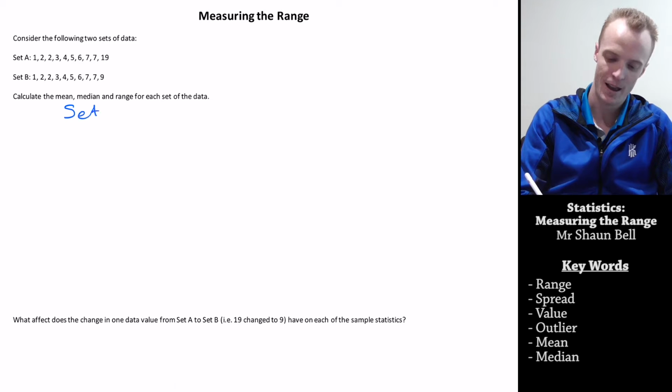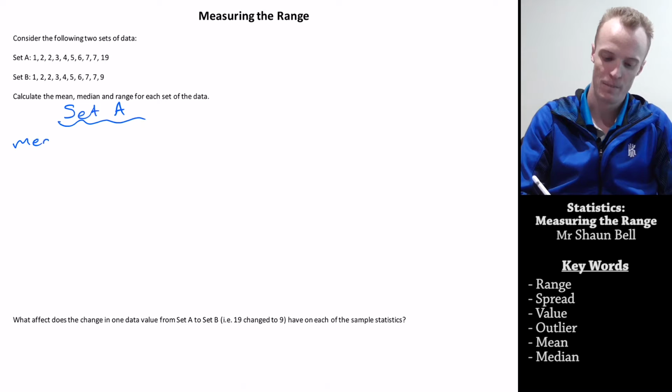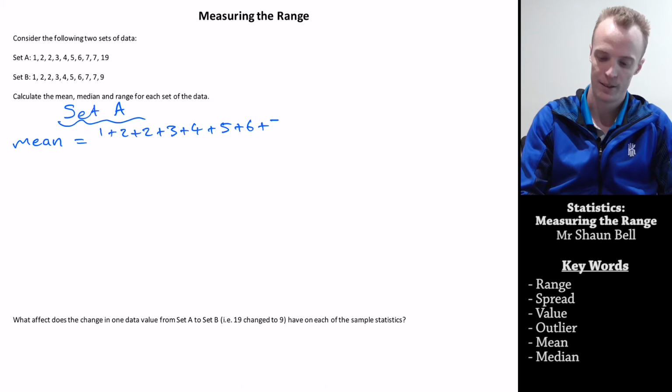So in set A, we want to start by calculating the mean. Now to find the mean, we actually need to add all the data points together first. So that is going to be 1 plus 2 plus 2 plus 3 plus 4 plus 5 plus 6 plus 7 plus 7 plus the 19.